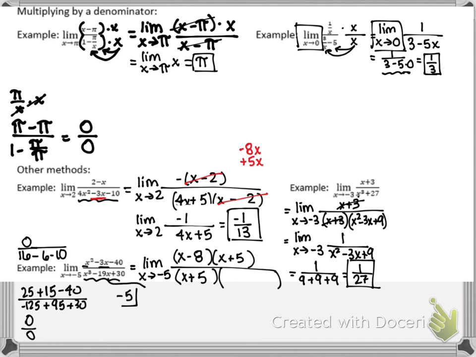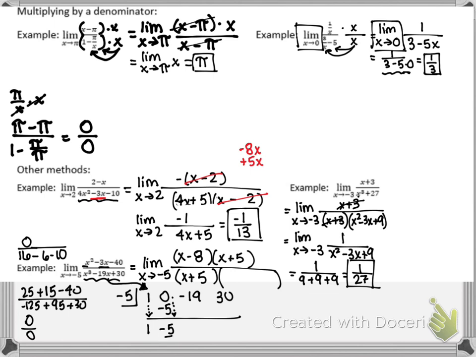I'm going to take this polynomial's coefficients and write them across here. The 0 comes from the coefficient of the x squared. There's no x squared in that term, so I'm going to put a 0 there. Here's how we do our synthetic division. Bring the 1 down, multiply by the negative 5, go down and add.